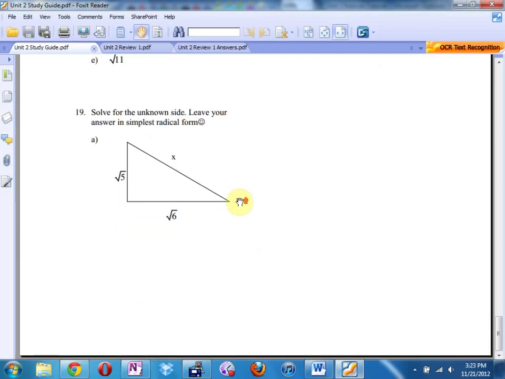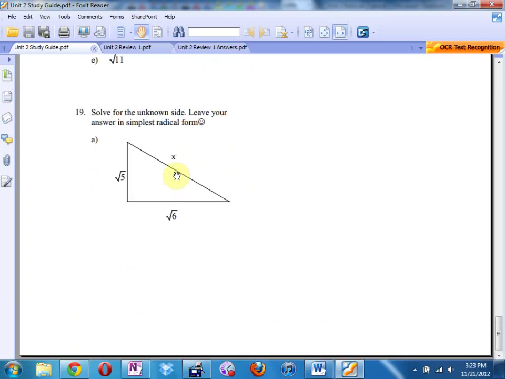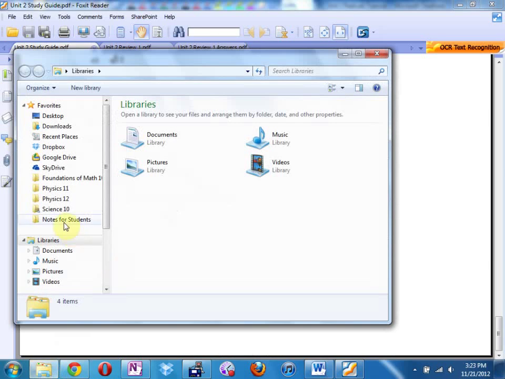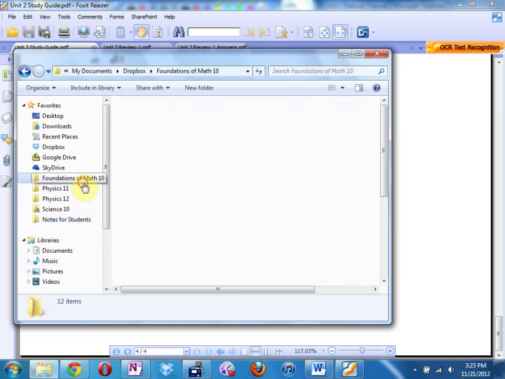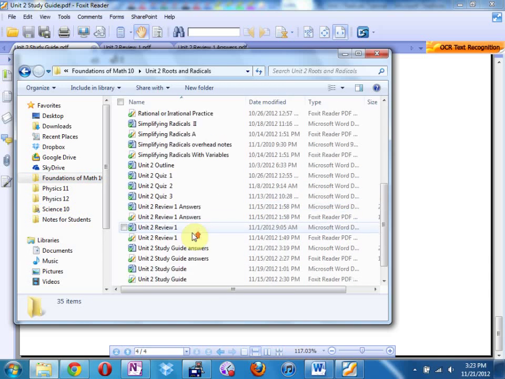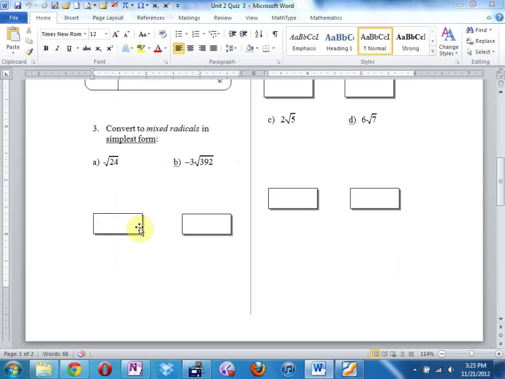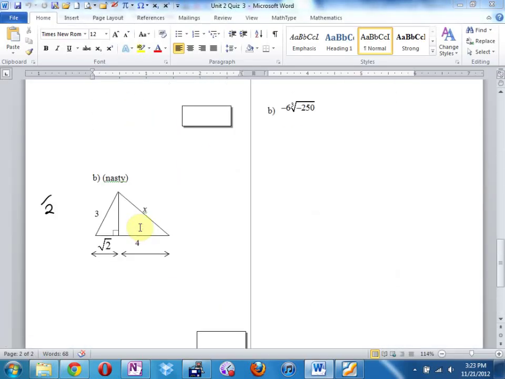From the quiz, unit 2 quiz 2. Okay. Oh, you want one of these puppies? Foundations of Math 10. Quiz 3, like this guy here? Like something with a yucky line like that there? Yeah. Okay.